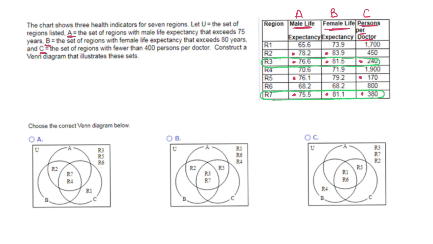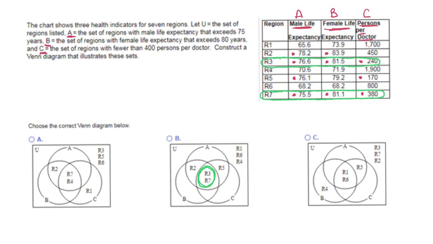So that means inside the middle in region 5 on my Venn diagram, I should have R3 and R7. Just looking at our selections, only B, as in beta, has that R3 and R7 in the center. So process of elimination, you would choose answer B.